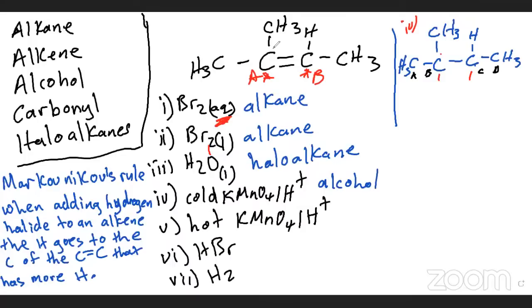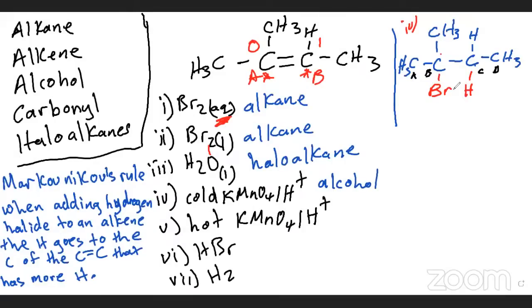I mean, A does not have any hydrogen attached to it. B has one hydrogen. So we always put the hydrogen of the hydrogen halide on the carbon of the double bond with more hydrogen. So this has 0, this has 1. So you put the hydrogen on this one, the bromine on this one.